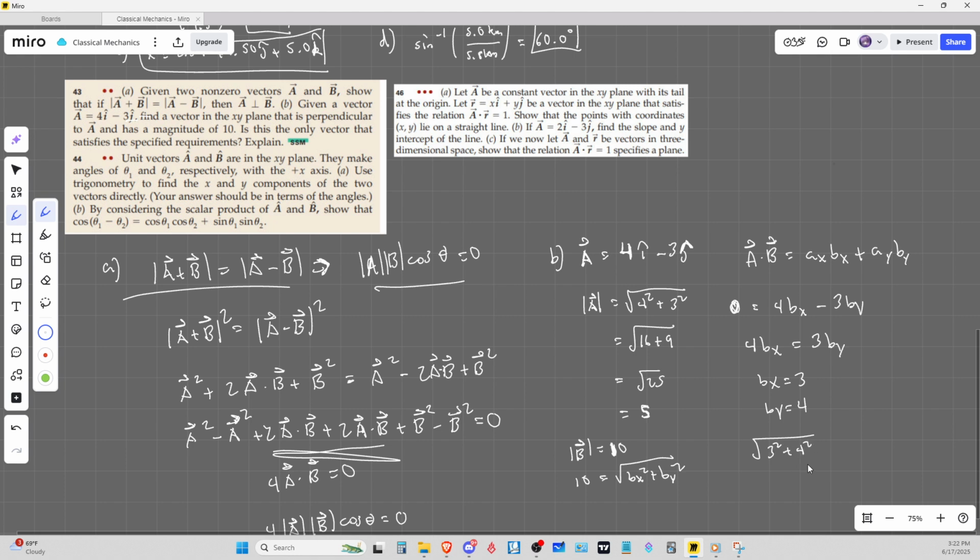Then that's definitely not going to equal 10. I know that for sure. It's just going to be 9, and then 16. That's 25, and then basically we're left with 5. Yeah, it's the magnitude of 10 that makes it a little bit much more iffy to work with.